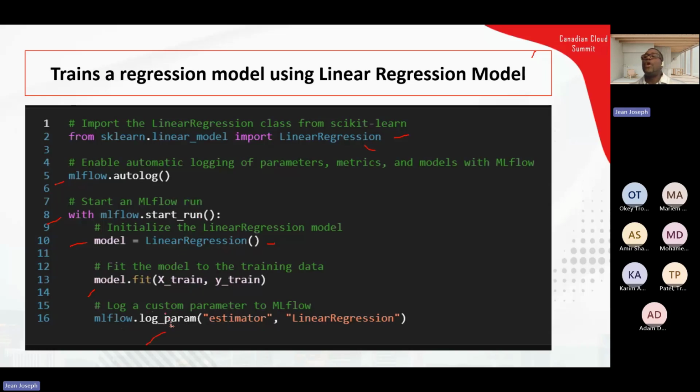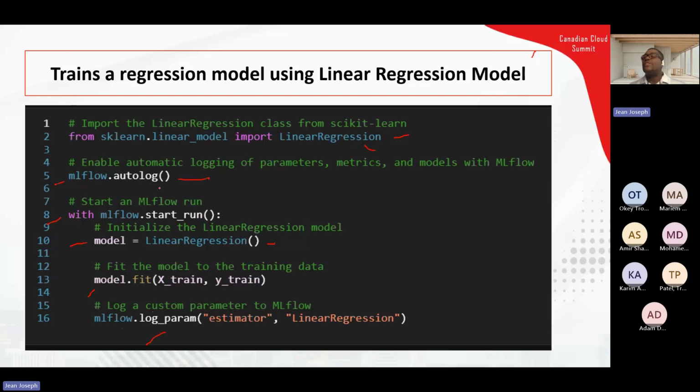But if you only care about metrics and there's no special parameter you want to track, the autolog right here is good enough. Once you turn on mlflow autolog, that's enough to track, because the role of MLflow by default is to track your end-to-end machine learning experimentation, okay?